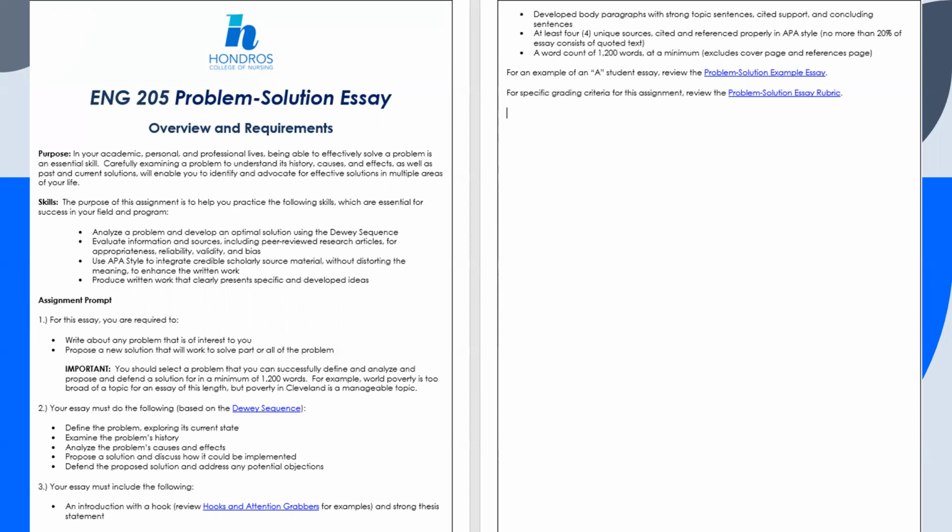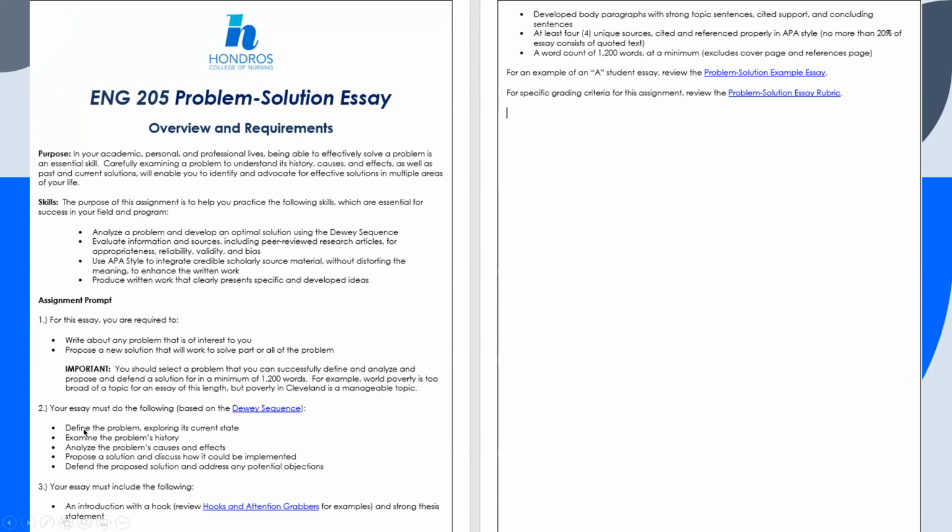It provides a nice structure for you to follow. And I'm going to jump down here to number 2. This gives you a breakdown of the important elements of the Dewey sequence, at least for this essay. We are not following the Dewey sequence 100% exactly, but we are basing our essays on the Dewey sequence.